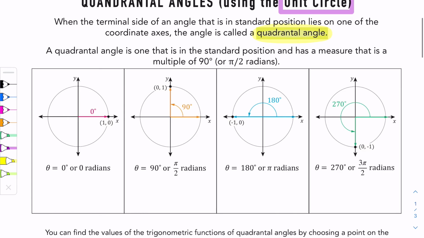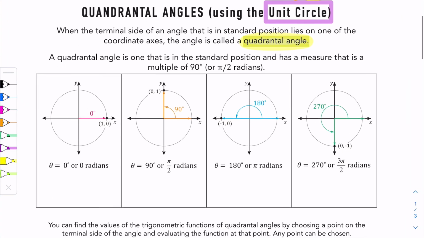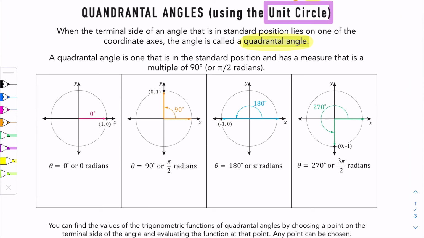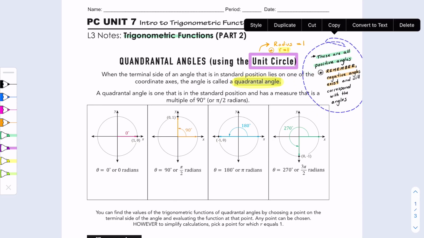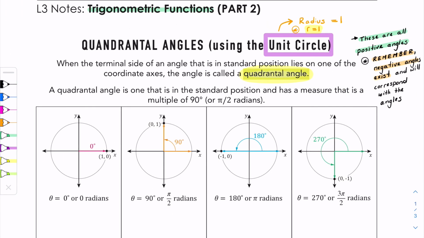So if we look at my table here, I have 4 different quadrantal angles. And these angles are all given to you in positive values. However, remember that you can have negative angles. They do exist and they will correspond with these values that I gave you. They will just work in the opposite direction. So my note right there just says that these are all positive. Negatives exist and they will correspond with these angles.